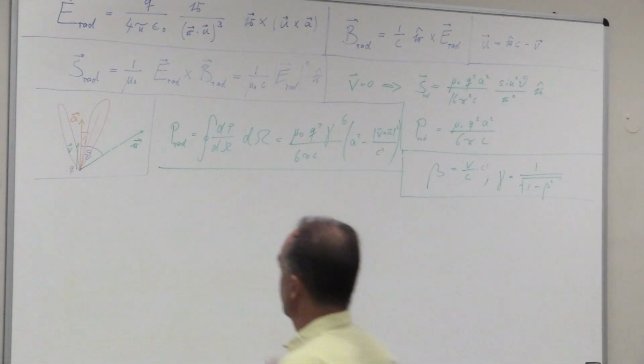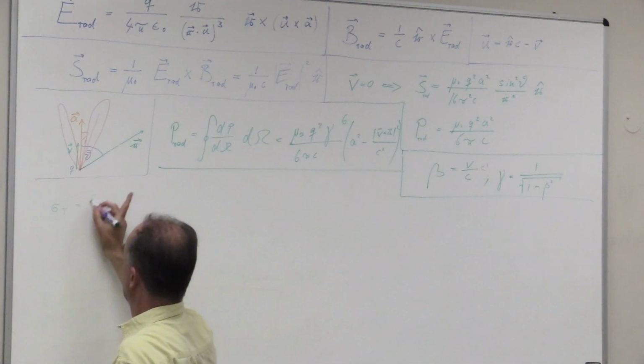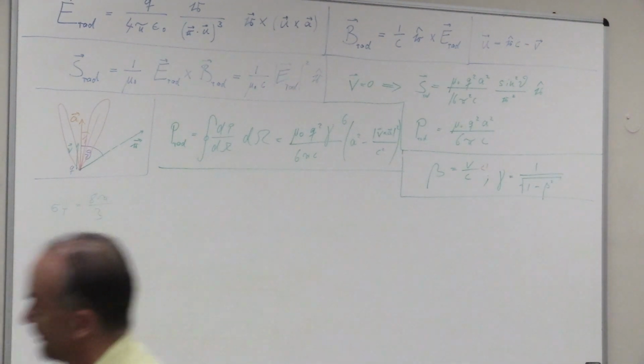So that means we'll have sigma Thomson as 8 pi over 3 times the electron radius squared.